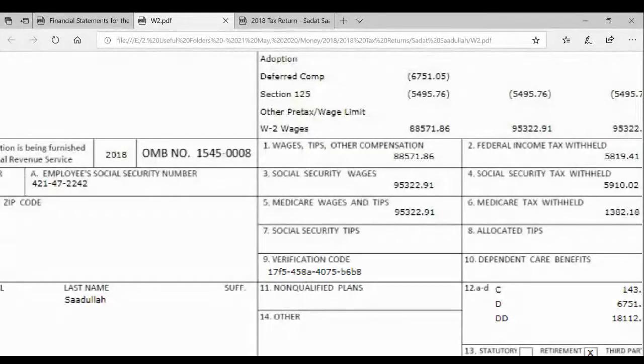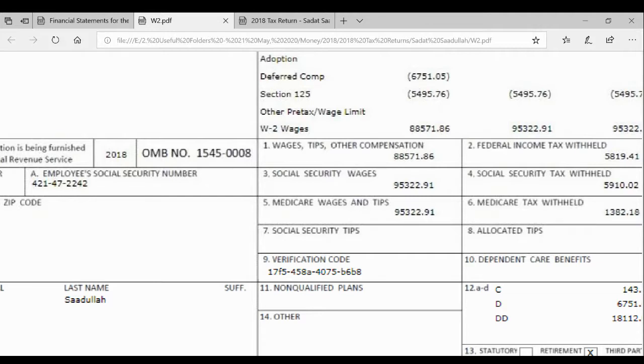You see this number in box 3, right? Do you see my arrow? Box 3. How much is the number in box 3? Social Security wages, how much is that number? $95,322.91. Now this box 4 number, Social Security tax, it's calculated based on the number in box 3, and the calculation should be this number in box 3 times 6.2%.